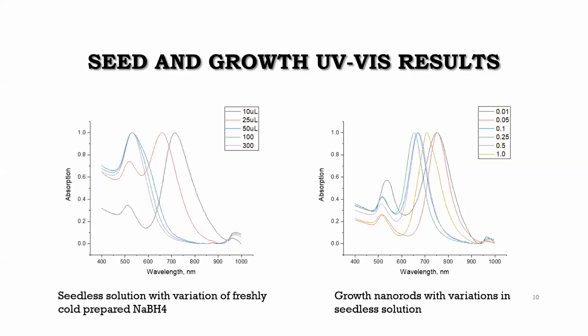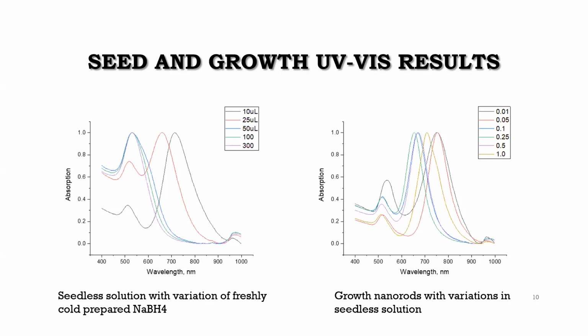With that optimum sodium borohydride amount, we added a regrowth process after that, and we used that optimal sodium borohydride amount for the seedless solution. And the regrowth nanorods with the variation of nanorod solutions show a UV spectrum that yields rods with both transverse and longitudinal peaks.